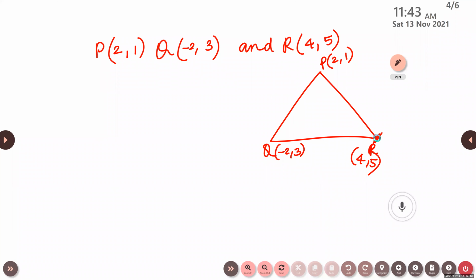PQ. Okay, so we want to find the midpoint. So let S be the midpoint of PQ.